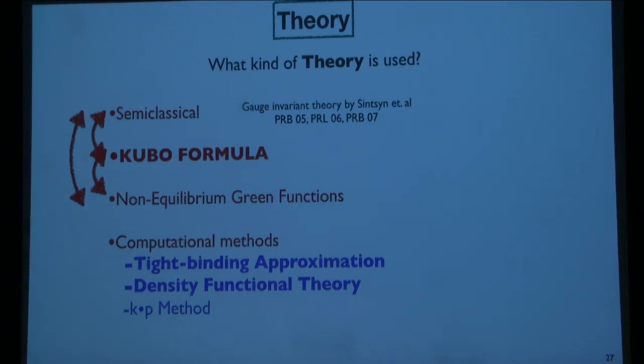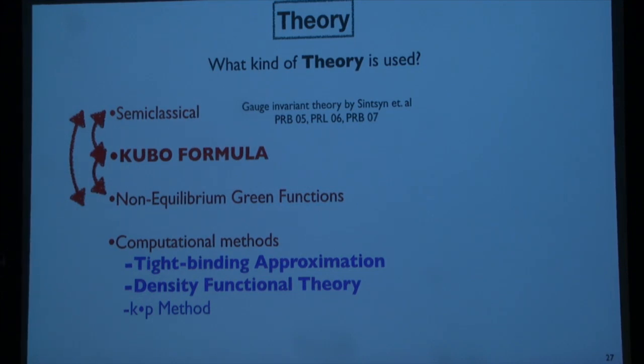So to continue, what kind of theory do we use? We actually use a lot of different types of theory to calculate the transport properties. One is called the semi-classical approach. This is where you effectively add some perturbation into your system to get the electrons to scatter. I won't talk about that so much. There's the Kubo formalism, which I already talked about, and I'll show you another slide on it.